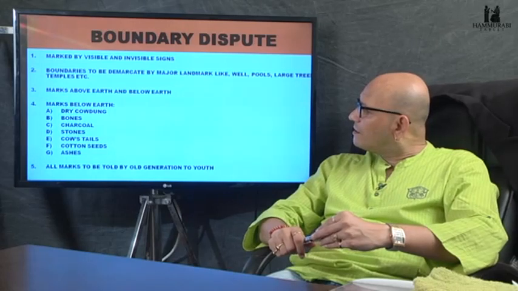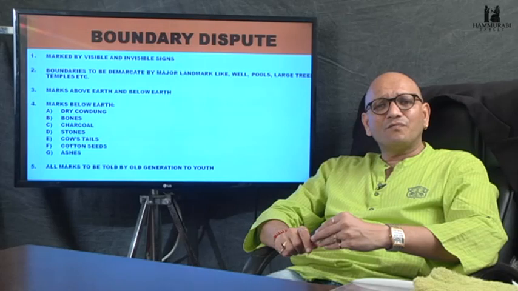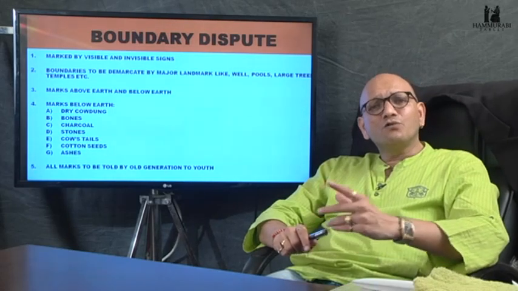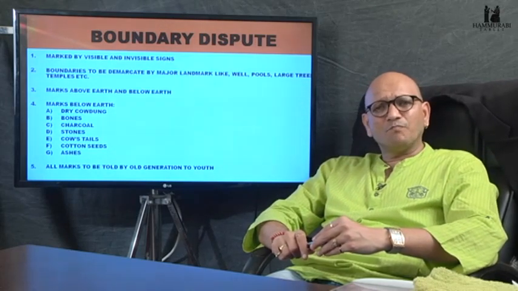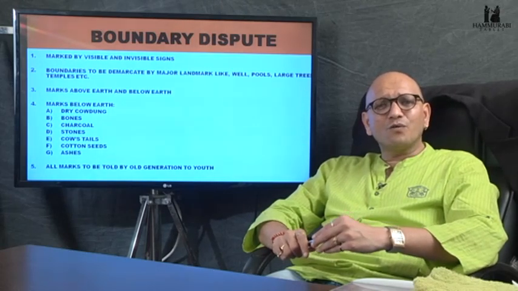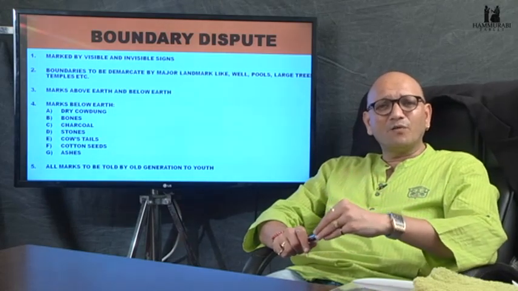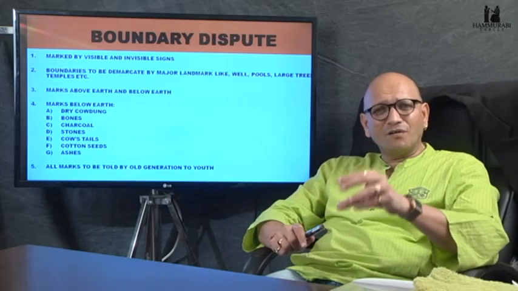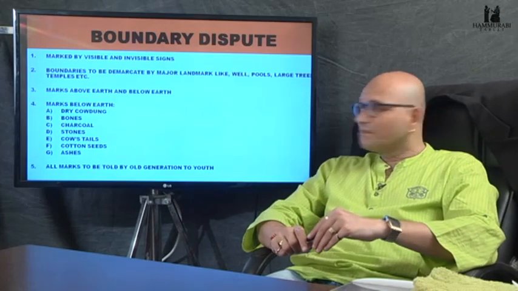Number 1, dry cow dung. Dry cow dung remains for a large time beneath the earth, hence it should be used. Then we have bones, bones of animals. They should be kept below earth because they also exist for a long period. They don't deteriorate. On the contrary, they are preserved when kept below the earth.